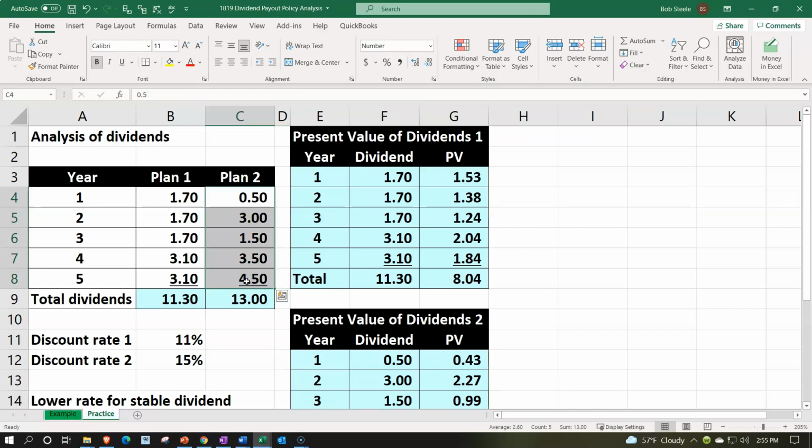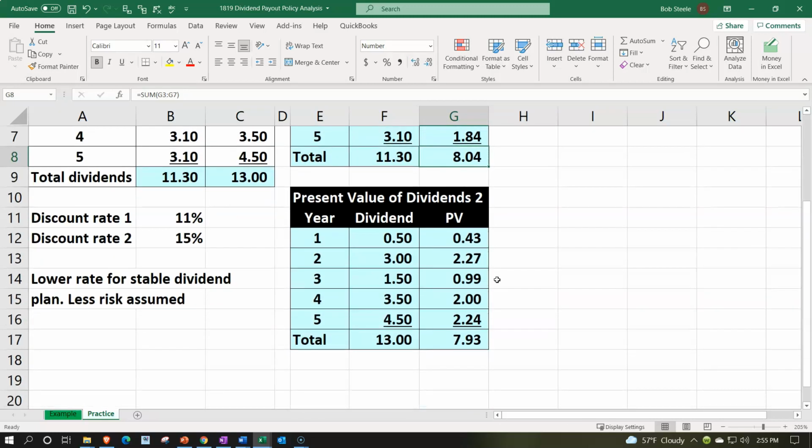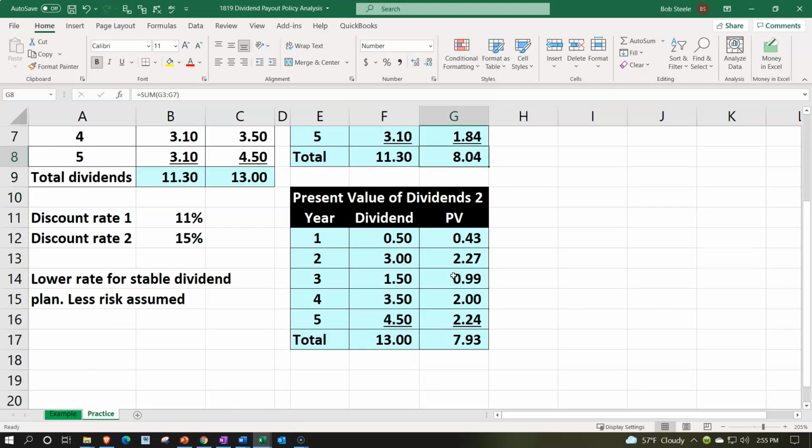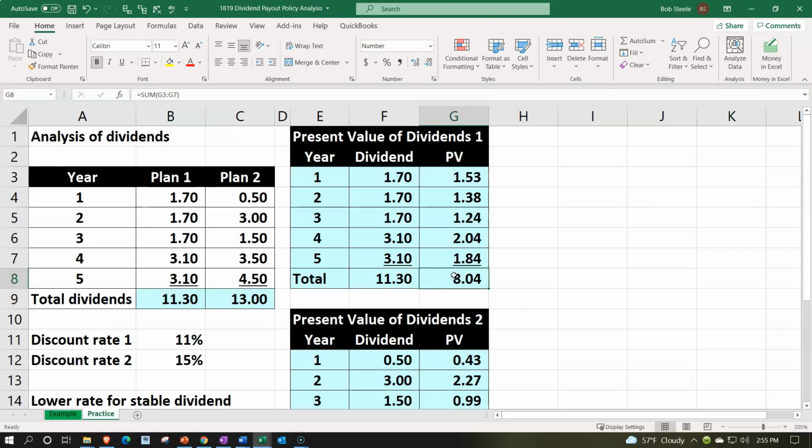Because you would think if it was more volatile, it just seems like it would be inherently more risky of a plan, and therefore in that situation they might actually prefer the first plan if you do a present value analysis for that kind of thing and compensate for that difference, which you might consider to be more risky, resulting in plan 1 turning out to have a higher present value calculation than plan 2.